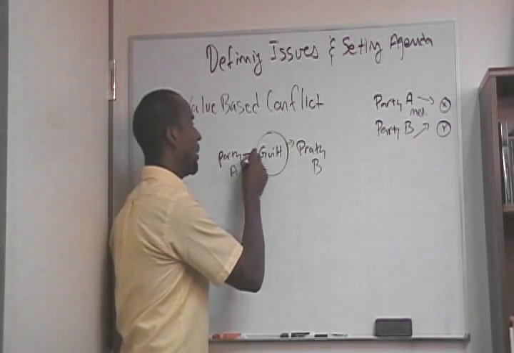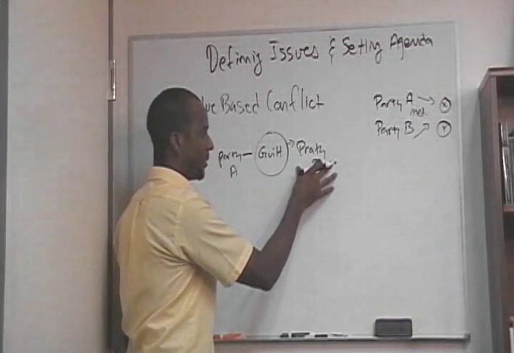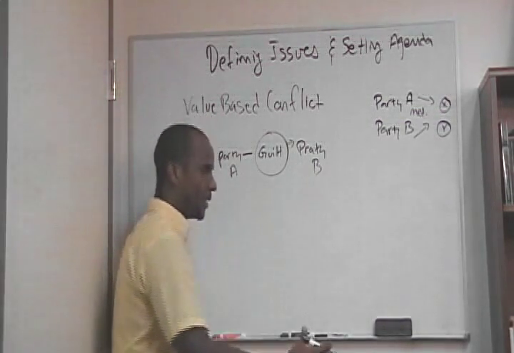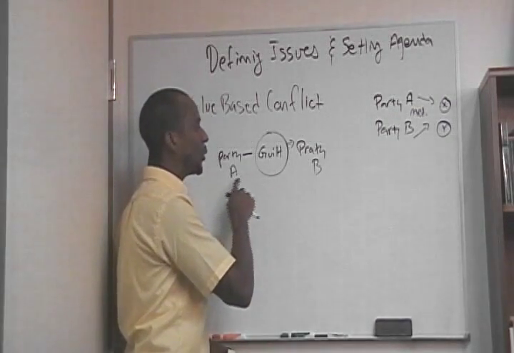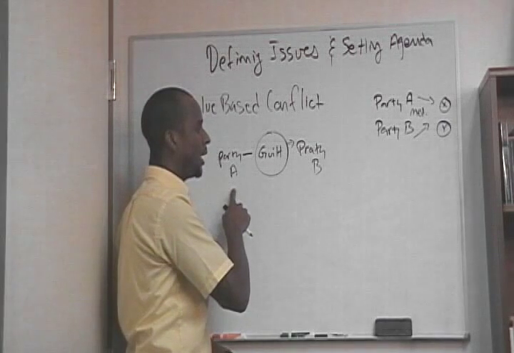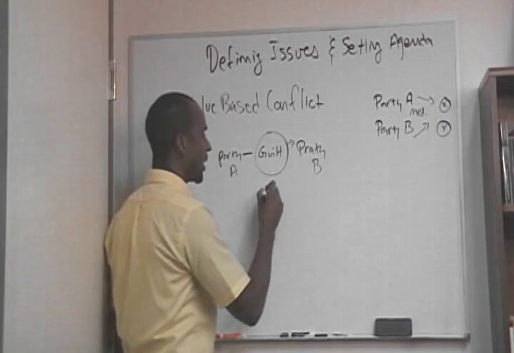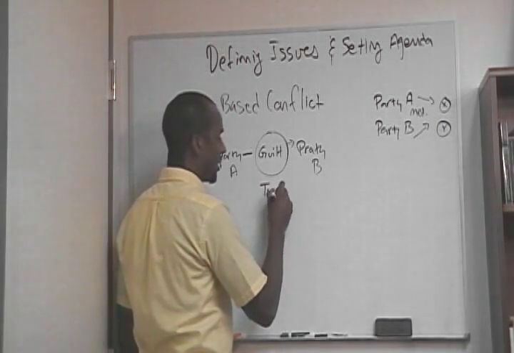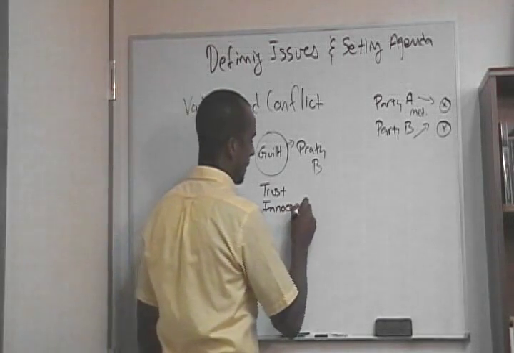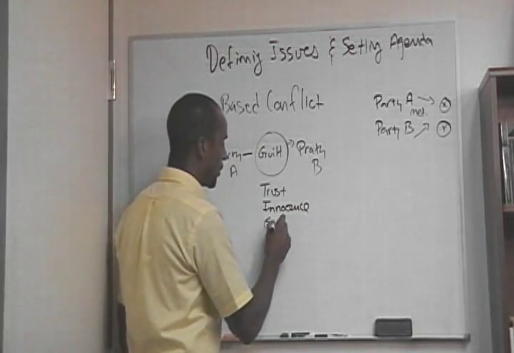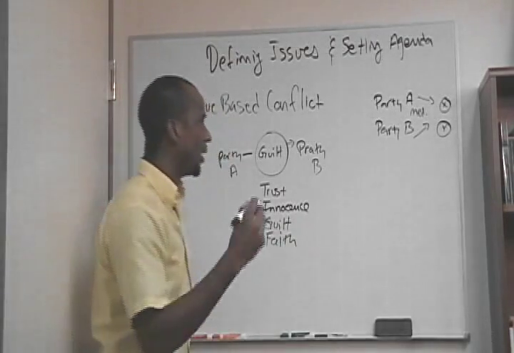This party might feel as if the level of guilt that the other person is feeling might in some sense have to do with his or her connection to me, my lack of trust in this individual. So what ends up happening is we end up talking about notions of trust, notions of innocence, obviously guilt, faith, and so on.